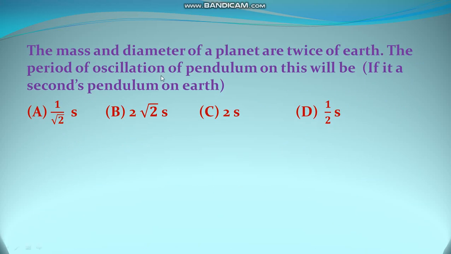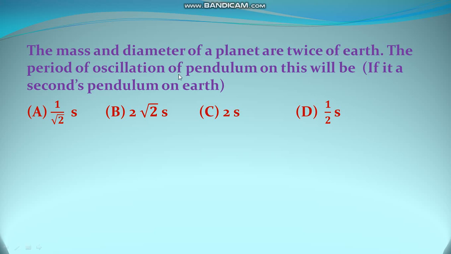The mass and diameter of a planet are twice that of Earth. Keep in mind, when you are reading the question, the hint is given there itself. Mass and diameter of a planet are twice that of Earth.